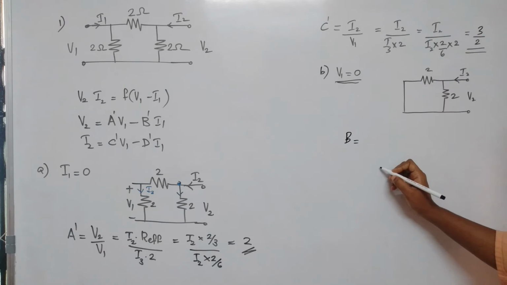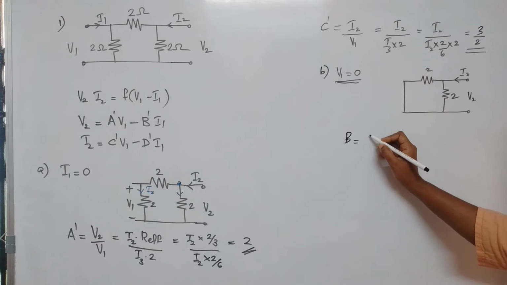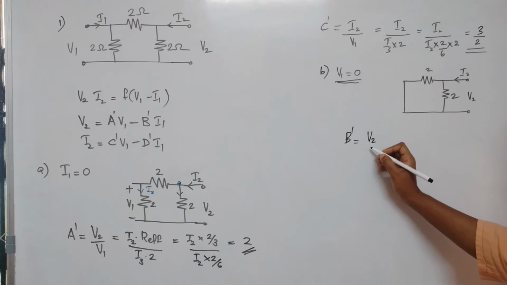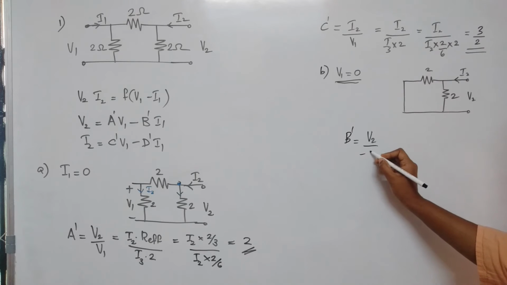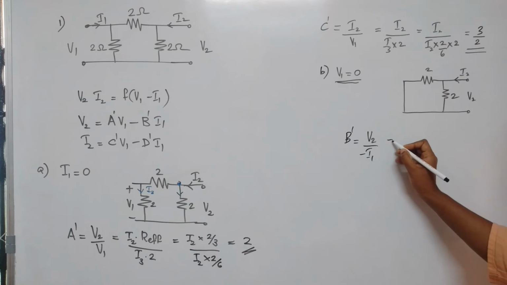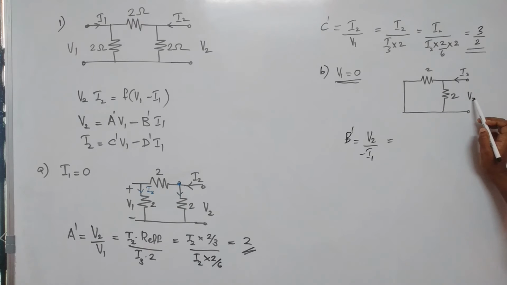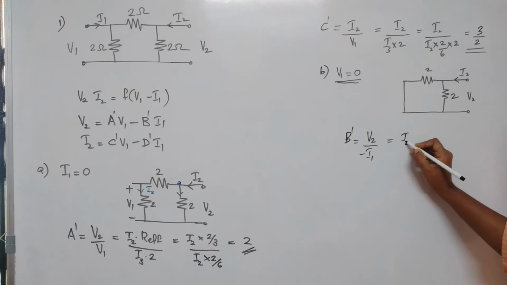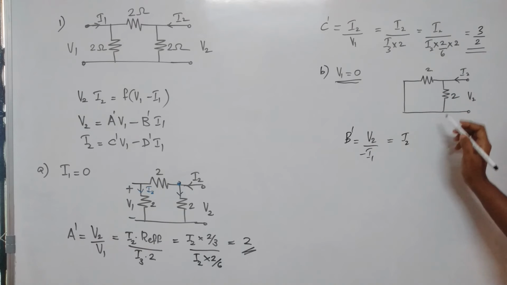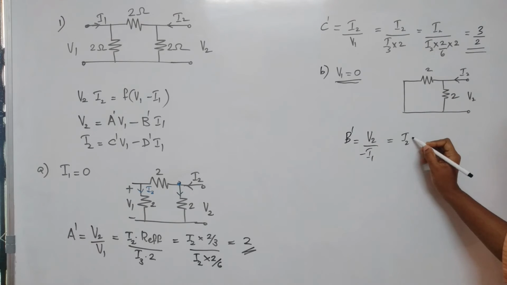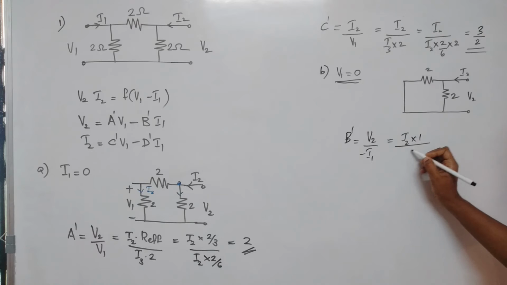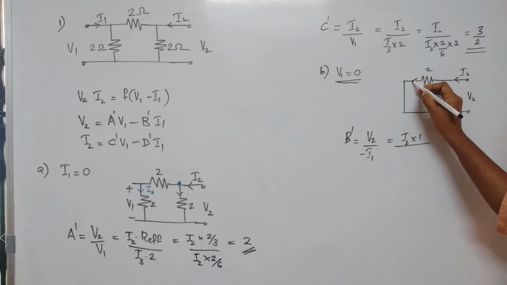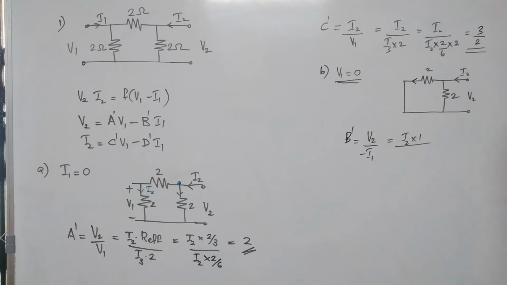So what is B? Not B, B dash. B dash equal to V2 by minus I1. Now what is V2? V2 is total current into R effective. R effective is 2 parallel 2, which is 1, into 1 divided by I1. What is I1? I1 is this current which flows through this port.